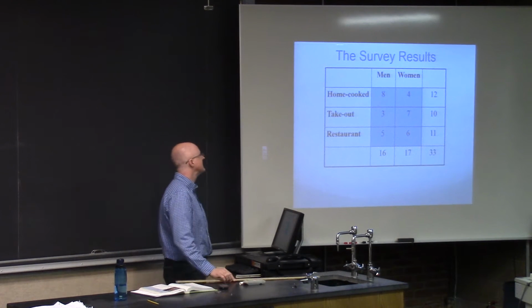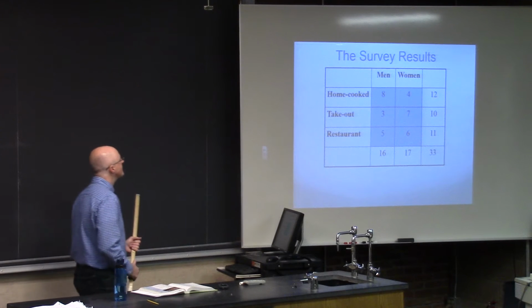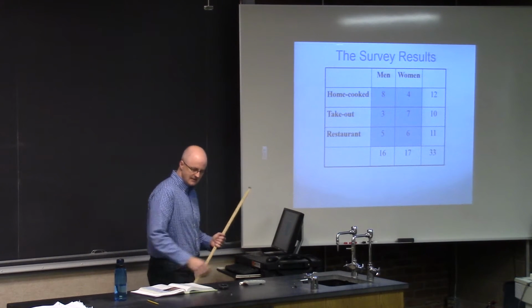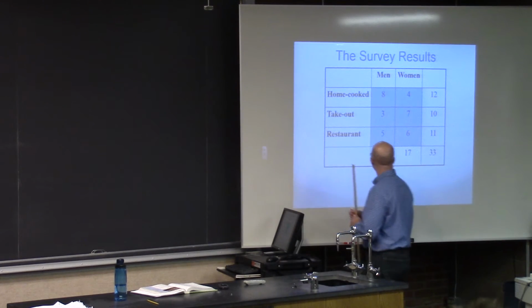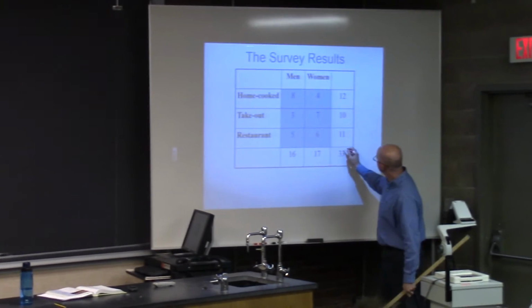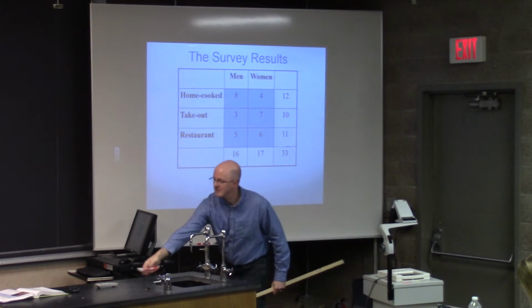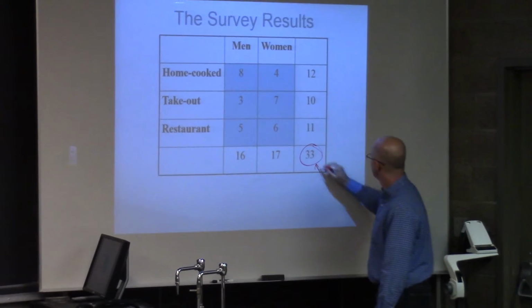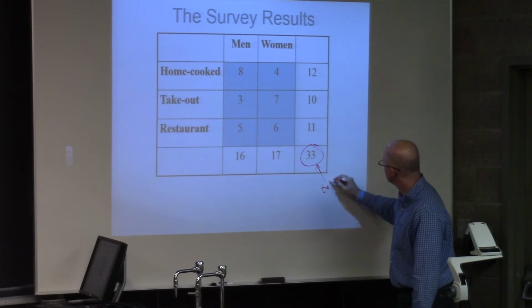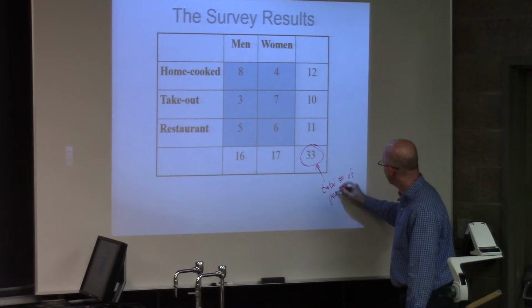Here are the results, and we're putting these results in what's called a two-way table. It's important to understand what this table is telling you. Maybe start down here. You've got 33 people total. Very good. Total number of people that are surveyed.